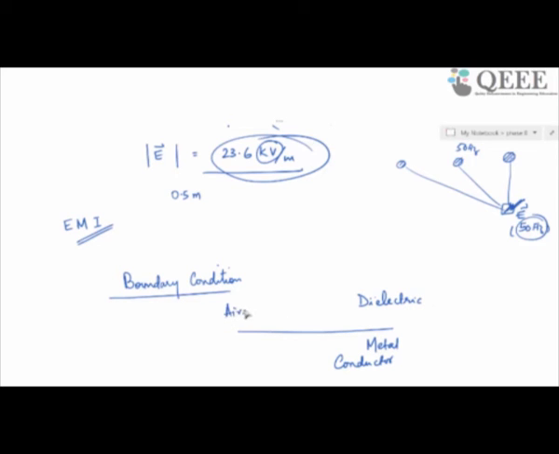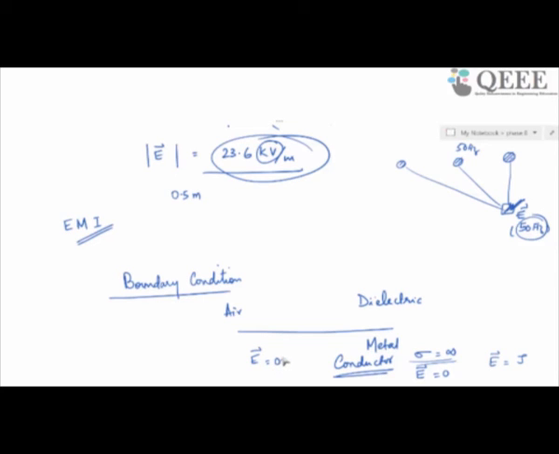Essentially, I have air and a conductor. Now, in a conductor, sigma is infinity. So, conductivity is infinity. Electric field has to be 0 because J is sigma E. So, your electric field inside the conductor must be equal to 0.